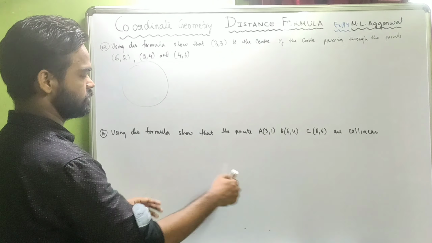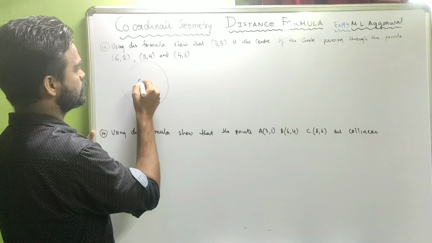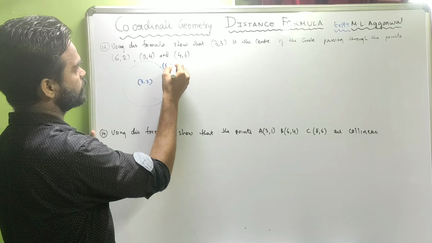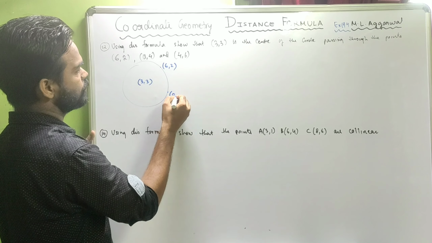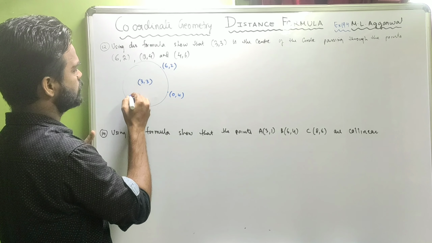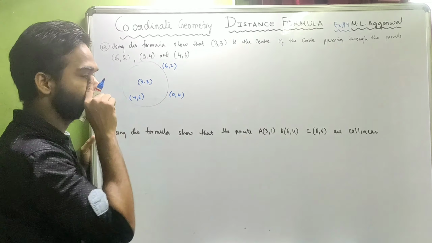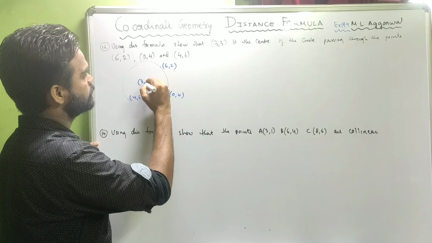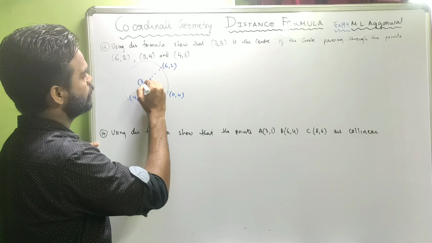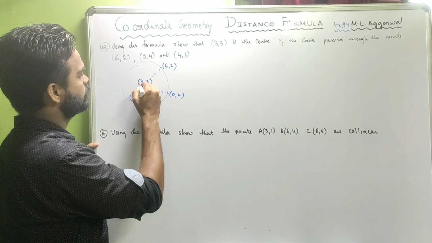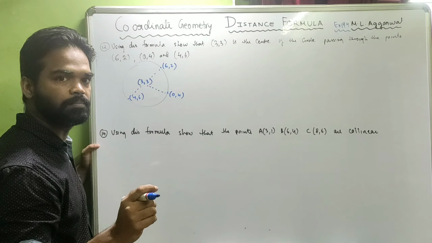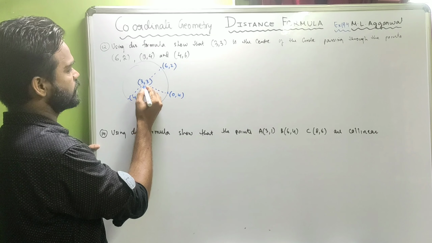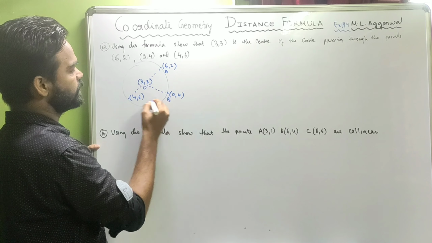If you can show that the distance of these 3 points from (3, 3) is the same, then (3, 3) is the center, there is no doubt. Suppose we take these as O, A, B, C.